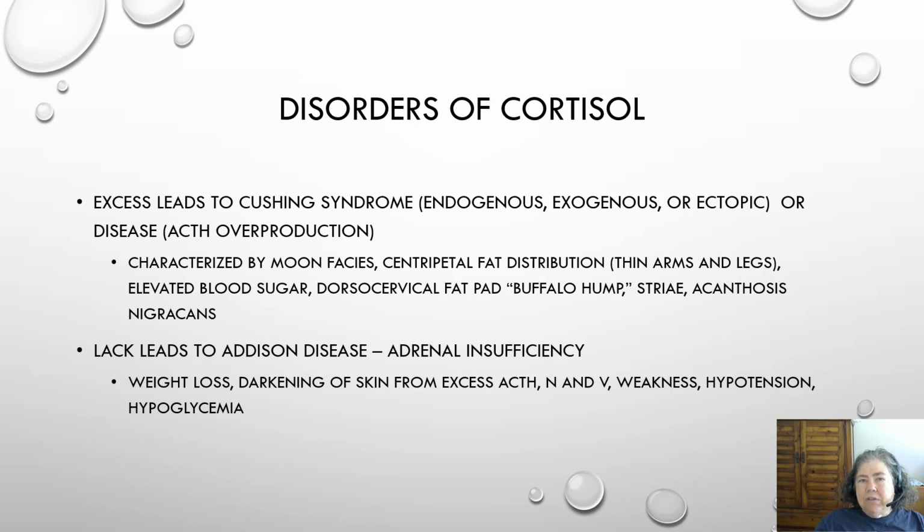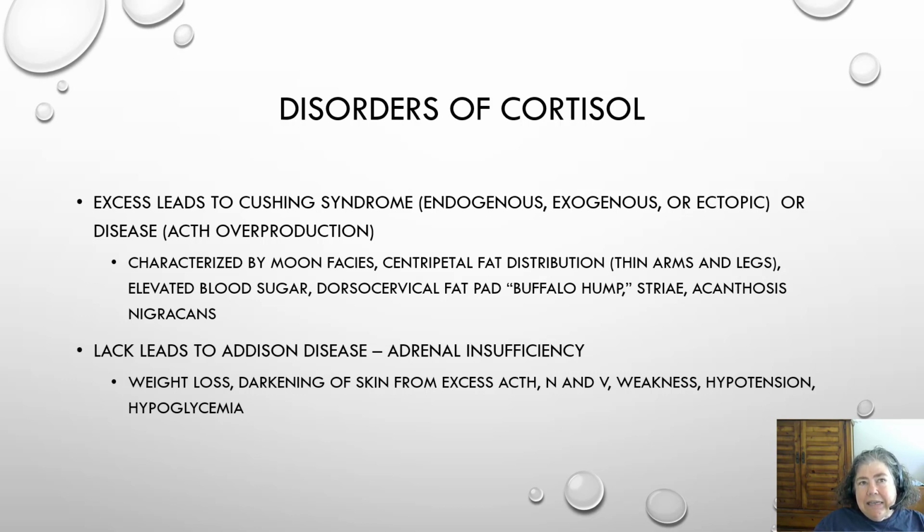The reason their skin darkens is that the lack of cortisol leads to an overproduction of ACTH because of the negative feedback loop. The anterior pituitary and the hypothalamus are trying to stimulate the adrenal glands to make cortisol, and the adrenal glands can't make cortisol.